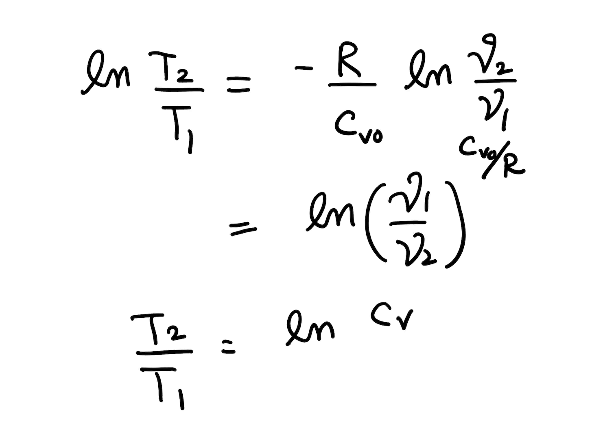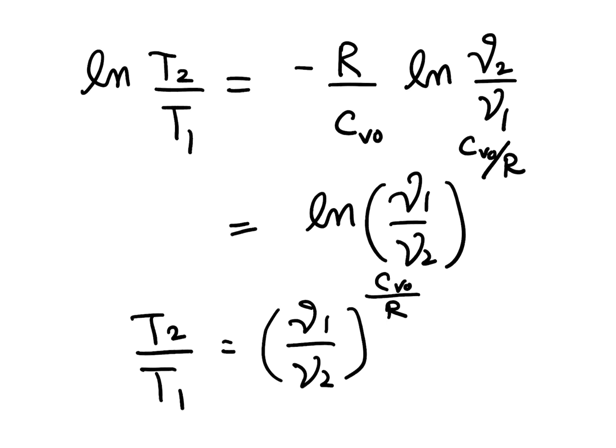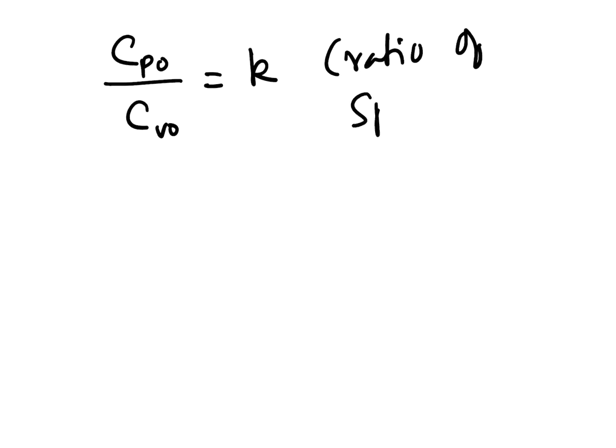So T2 over T1 is equal to nu1 over nu2 to the power R divided by Cv naught. Now we do know something about Cv naught, which is Cp naught minus Cv naught equals R. Let's define Cp naught divided by Cv naught to be K, the ratio of specific heats.